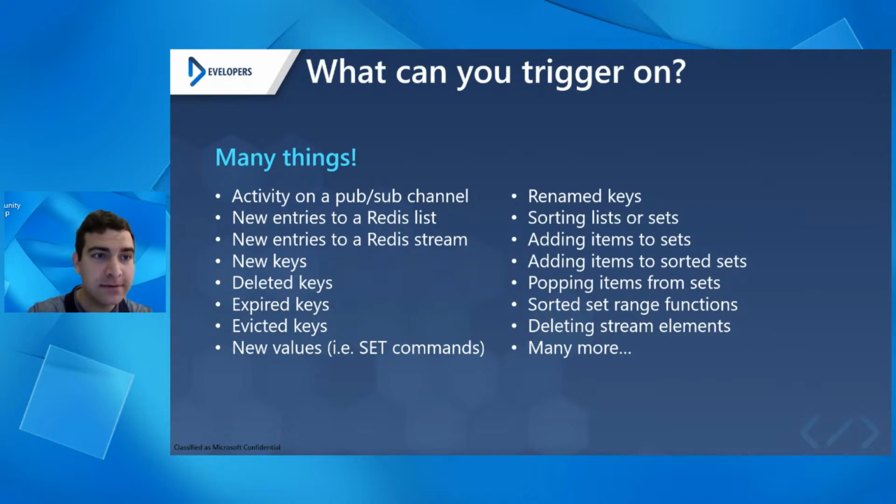And that's really useful, as I'll talk about later, to maintain consistency between your cache and applications or databases. And same thing with new values, right? If you set a new value in Redis, you can use that to trigger a function with that new value in mind. So, like I said, there are many different functions and activities on Redis you can trigger on, and that makes this really powerful and flexible for your application and your use case.